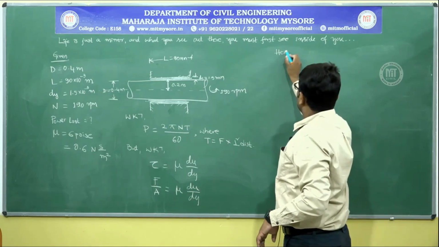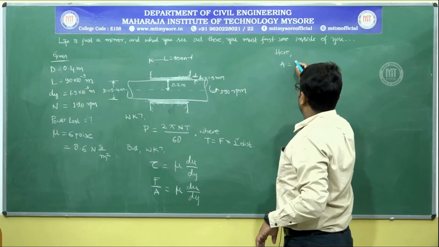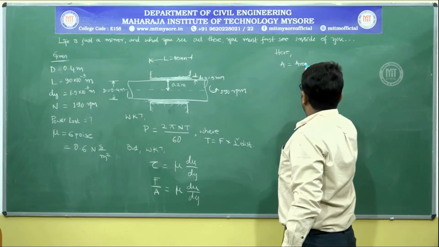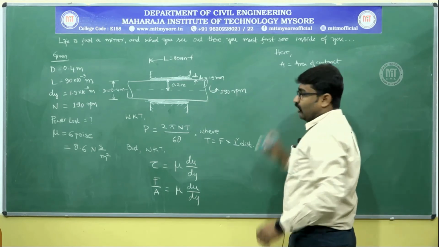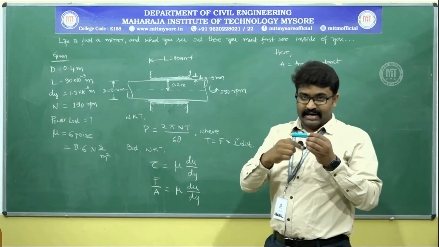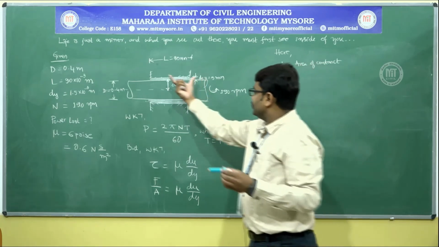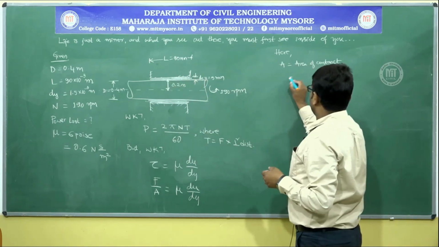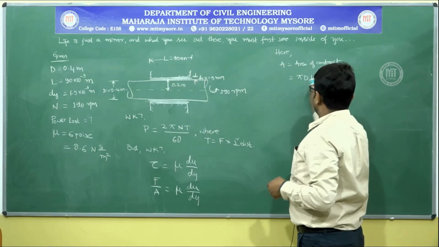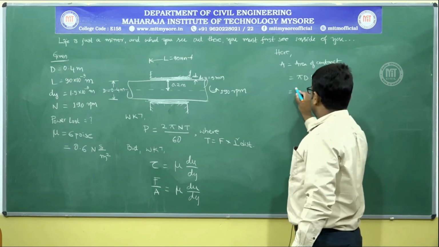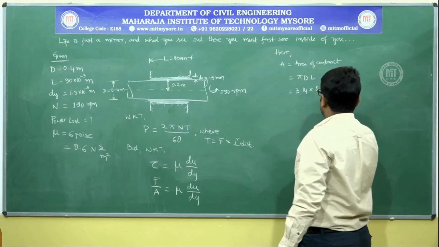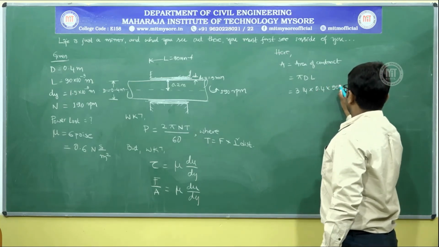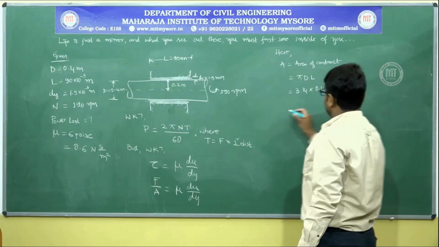Here area is equal to area of contact, very important, not cross sectional area. How much area is in contact? Pi d is the circumference, sleeve length is 90 millimeter. So I will write this as pi d into L. So pi is 3.14, diameter is 0.4, length is 90 millimeter, that is 90 into 10 power minus 3.